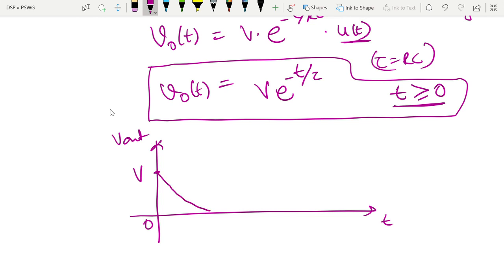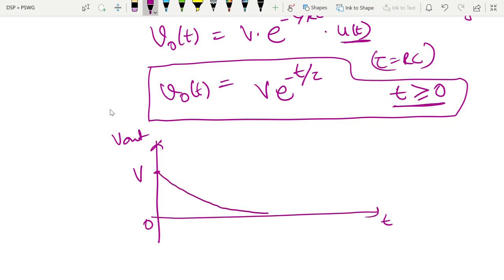Here it is like this. It is not exactly 0, but close to 0; only at infinity will it be 0. So what is this signal? It is an exponentially decaying signal, and tau equals RC.